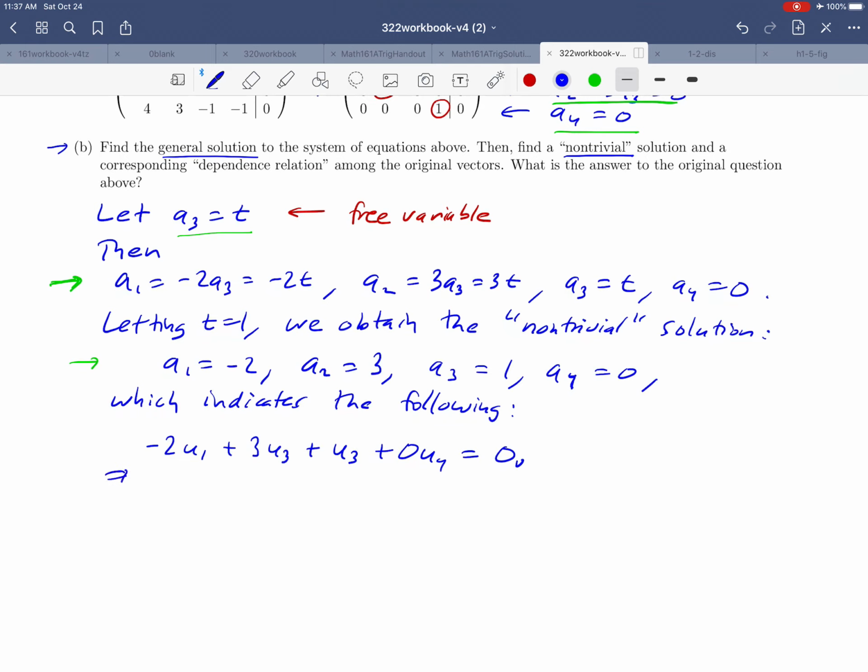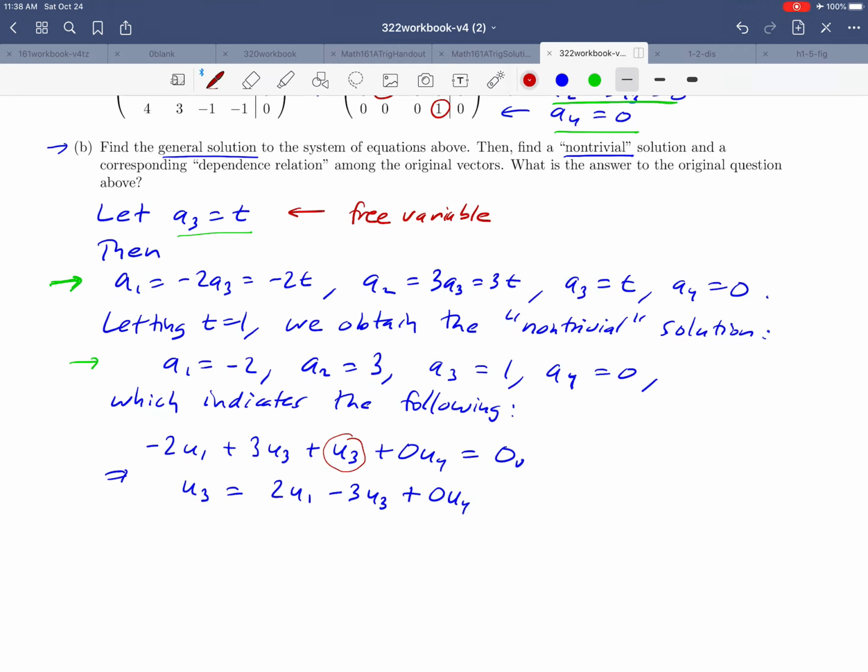Okay, and what's interesting about that equation is that we can take that equation and solve it for one of the vectors. Okay, what would be the easiest vector to solve for here? Probably u3 because it's got a 1 in front of it. So if we solve that equation for u3, just move everything to the other side, you're going to get a positive 2u1 minus 3u2, and then plus or minus doesn't matter, 0u4.